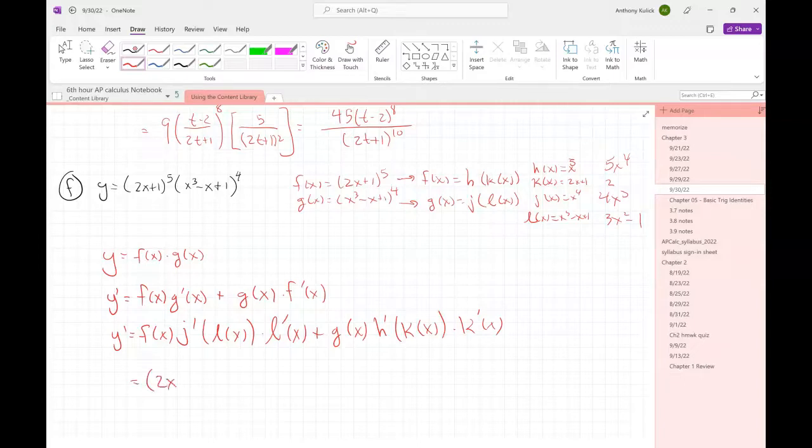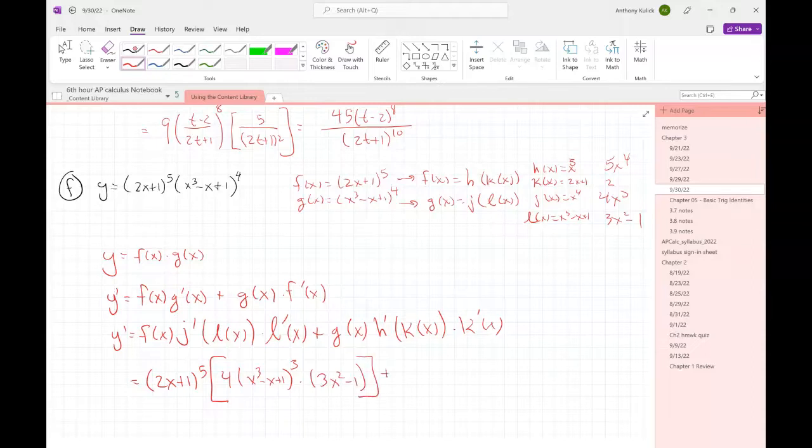Okay, so put a bracket here maybe. So I have 4 something to the 3rd, and then L of x needs to go on the inside, which was x cubed minus x plus 1. And then times L prime of x, which is 3x squared minus 1.